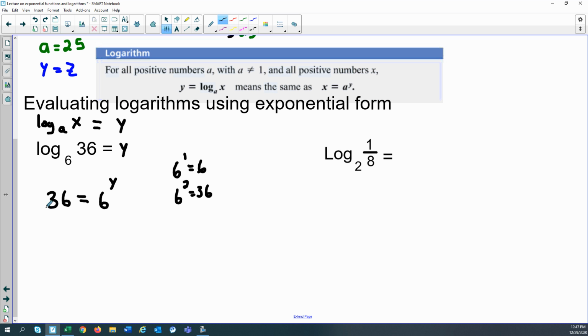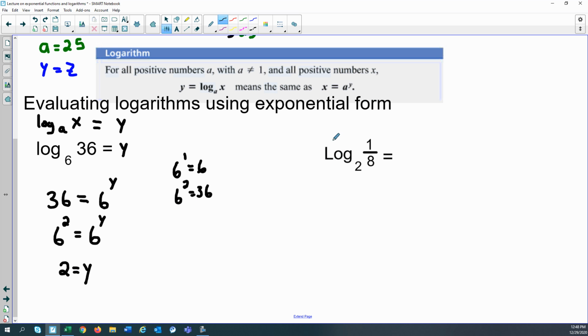So we know that 36 is the same as 6 squared, so I can say 6 squared equals 6 to the y. And once you get these values the same, you can just set the exponents equal, and we have 2 equals y. So the solution to log base 6 of 36 is 2. So you're using exponential form to get there.